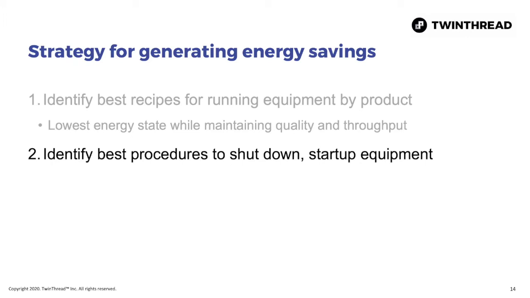Oftentimes, what you'll find is that, in terms of downtime events on a production line, sometimes there's micro stops where there's only a short outage or a short stop, where the intent is to basically get back on production immediately. That might be a couple seconds, that might be a couple minutes.